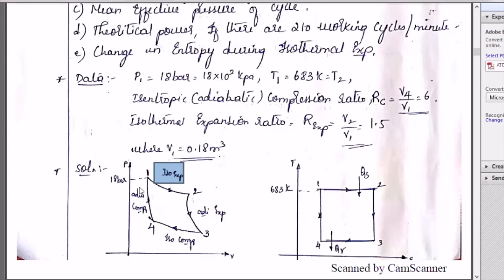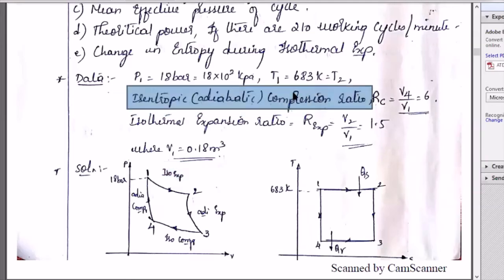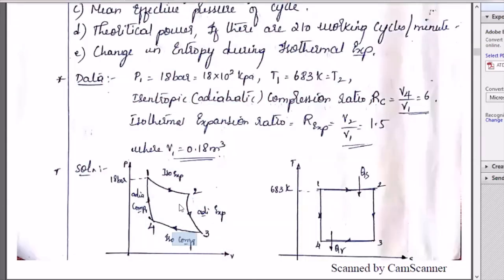I go first for isentropic compression ratio. So where is isentropic compression? Isentropic compression comes between two points, 3 and 4. Isentropic means adiabatic, reversible adiabatic.